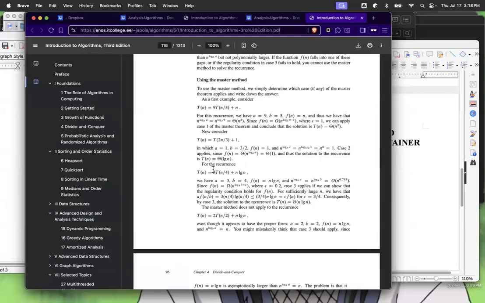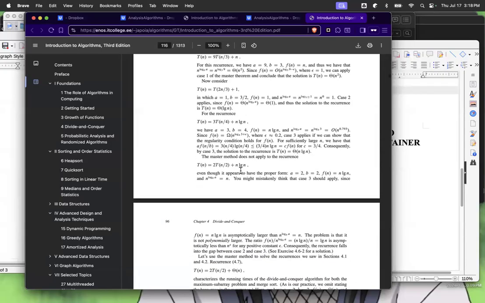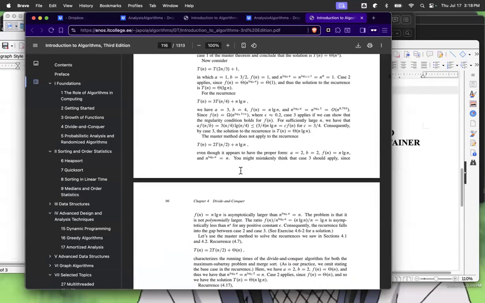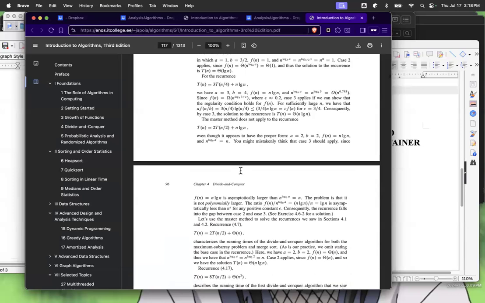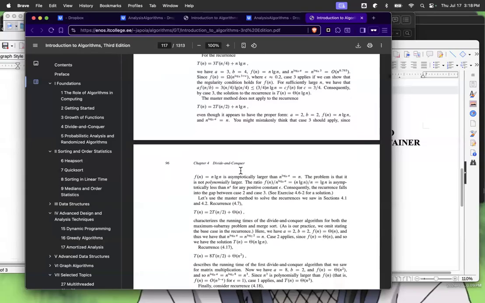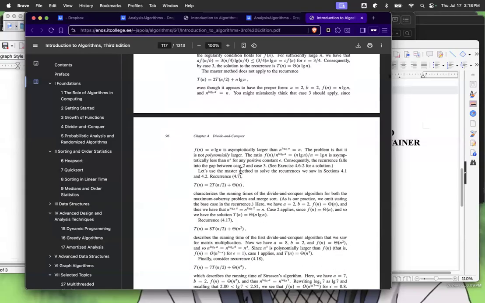Okay, now log base 4 of 3 is going to be less than n log n. So the running time would be n log n, or it should be Θ of n log n. Let's take a look. My mistake. It falls into the gap. I won't be doing that for the exam. Let's see.